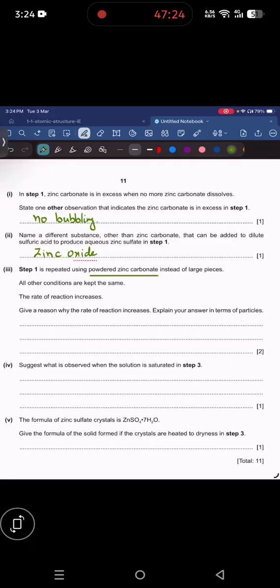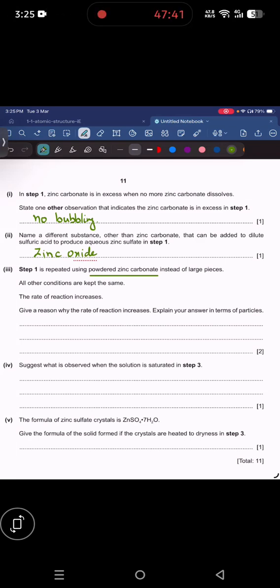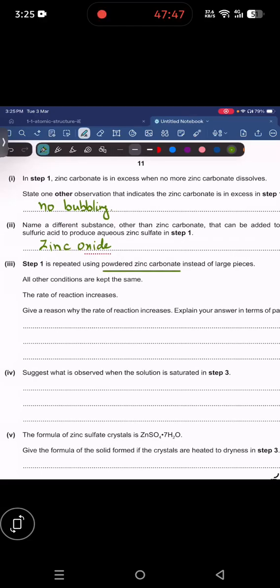So any one of you please explain this answer. I got the answer from Cheyenne in written form. That is correct. The powdered zinc carbonate will have a large surface area.